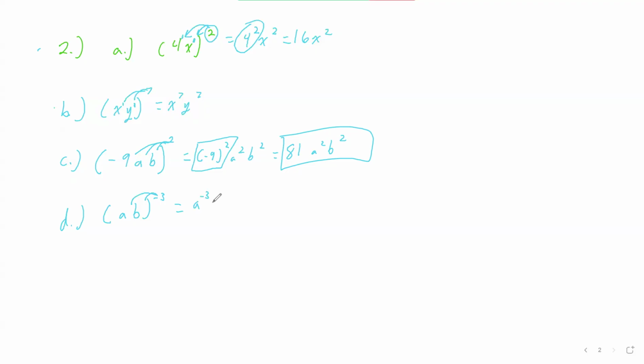Perfect. But then we can't have negative exponents. So what happens to both of those? They both will go over 1 since they're both negative. And then they become positive.